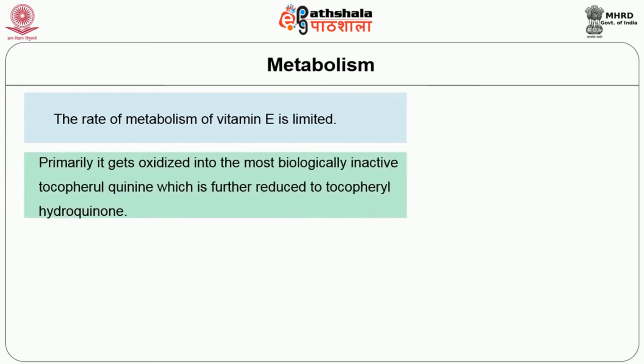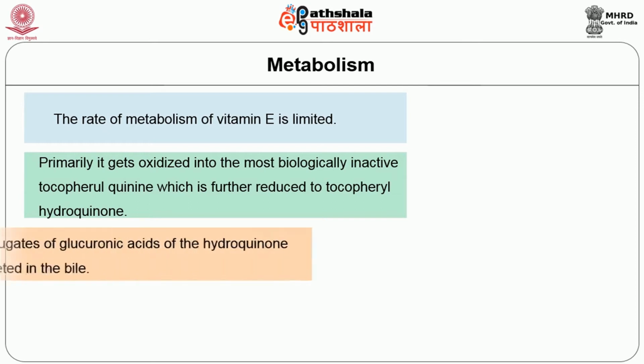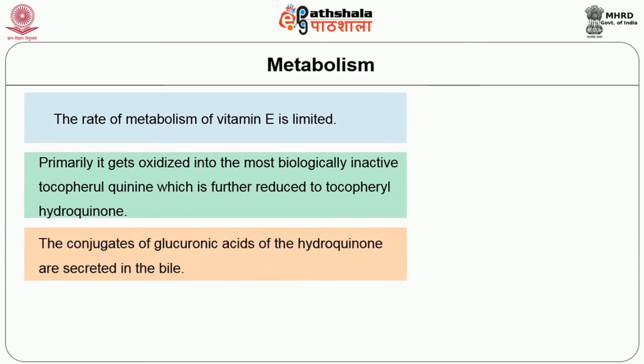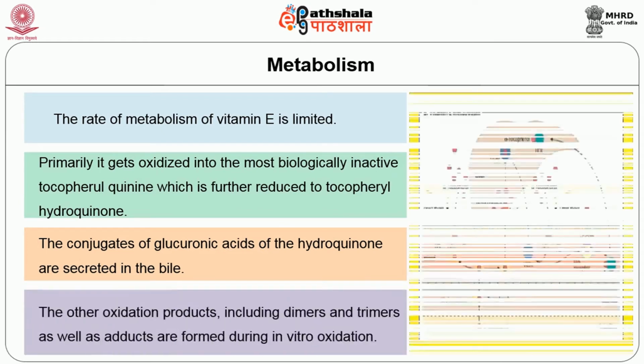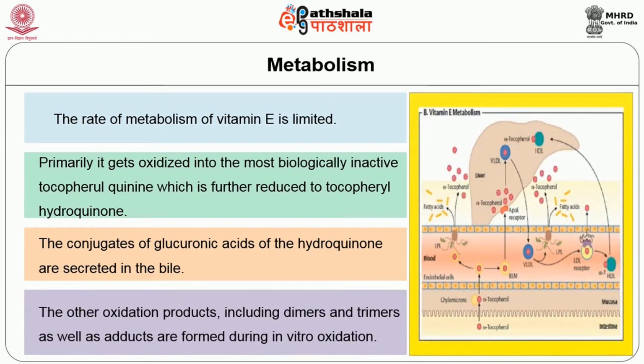Primarily, it gets oxidized into the biologically inactive tocopherol quinone, which is further reduced to tocopheryl hydroquinone. The glucuronic acid conjugates of the hydroquinone are secreted in the bile. Other oxidation products, including dimers and trimers, as well as adducts, are formed during in vitro oxidation.